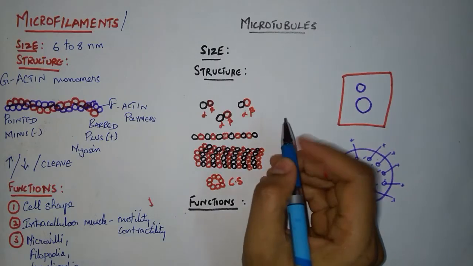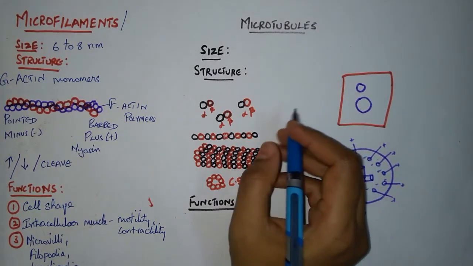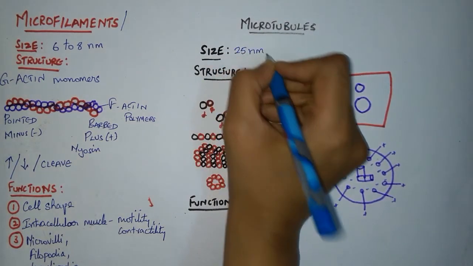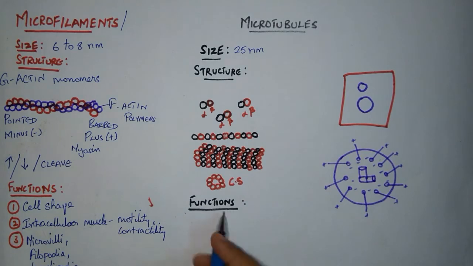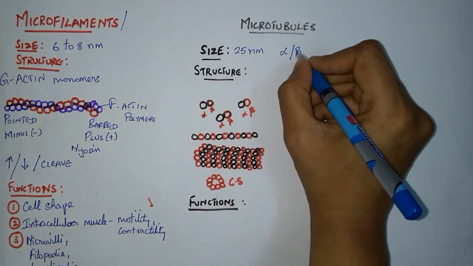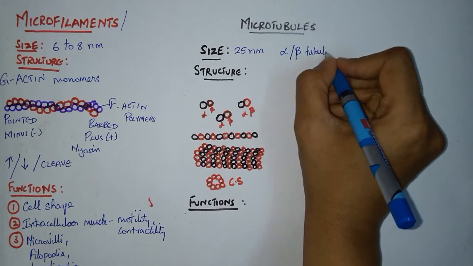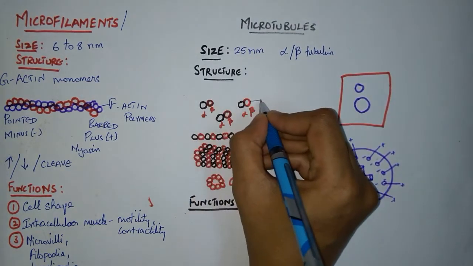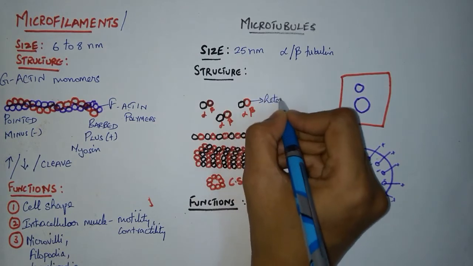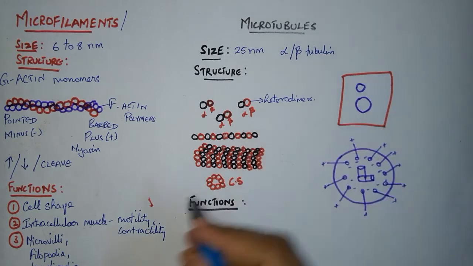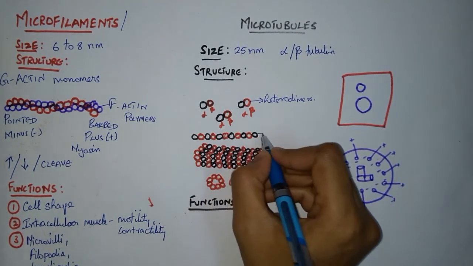The microtubules measure around 25 nanometer in diameter. As the name implies, they are made up of alpha and beta tubulin proteins. These alpha and beta tubulin proteins form the heterodimers, and the dimers align themselves linearly and form the protofilament structure.